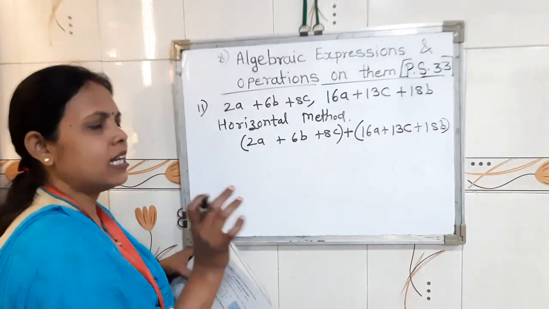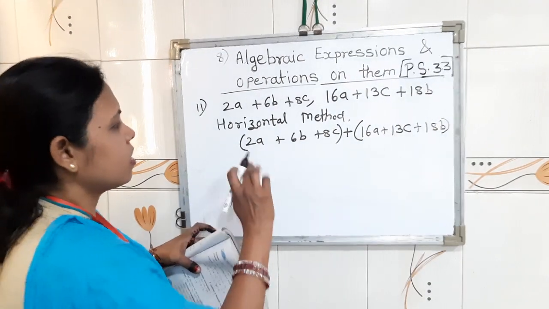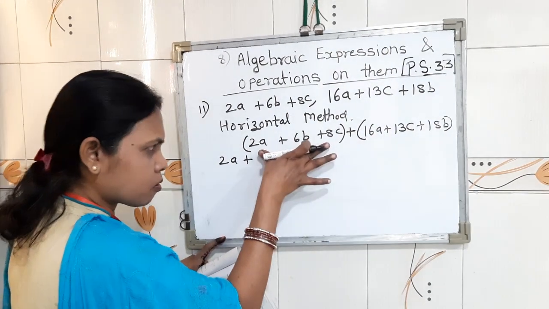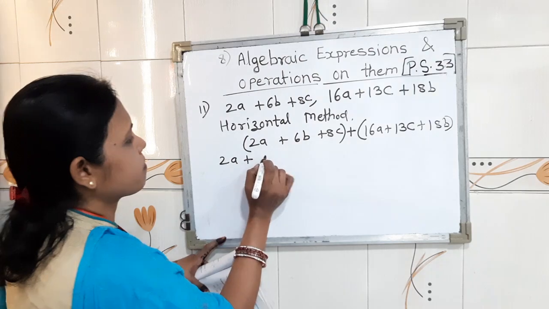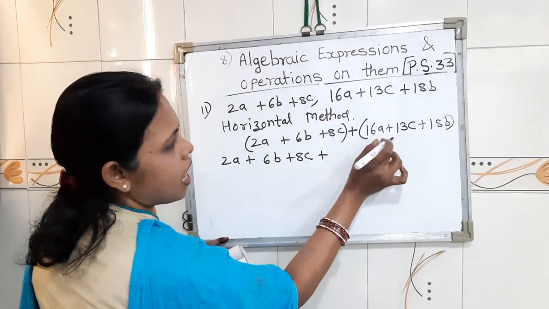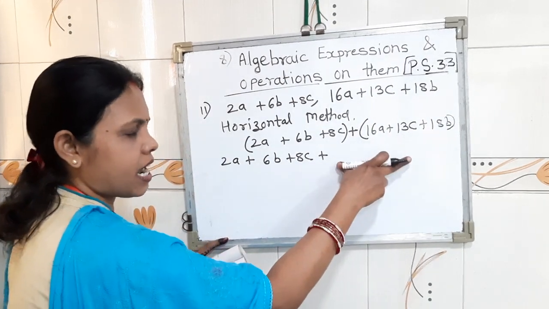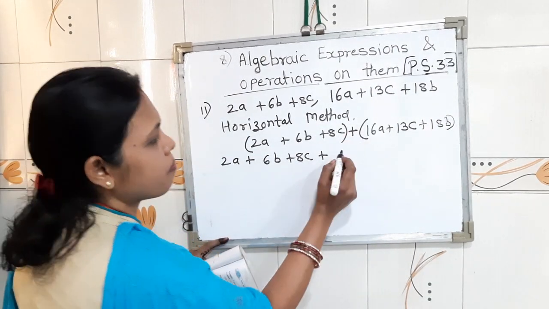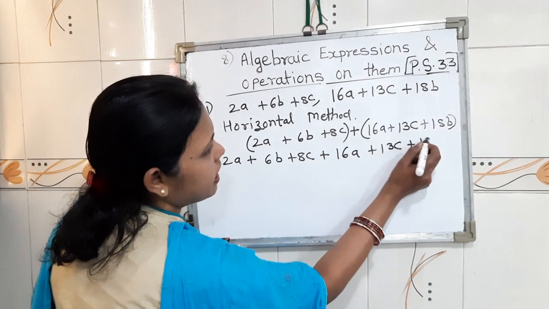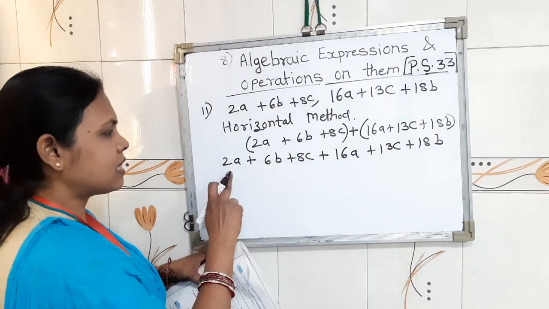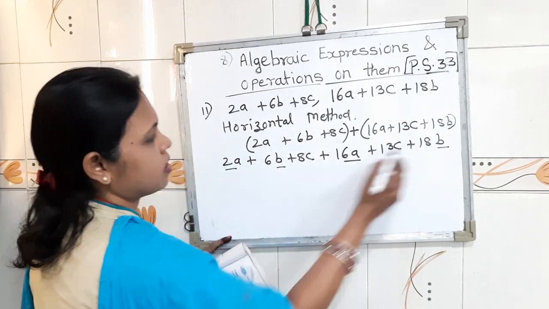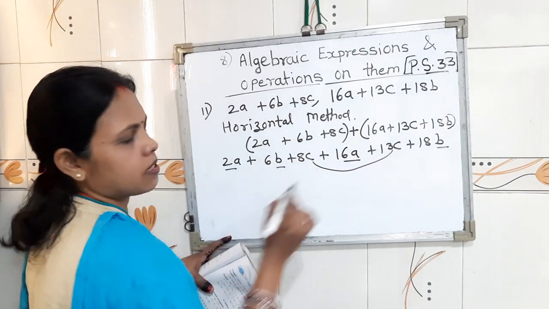Now we will add like terms with like terms. So 2a plus, this full bracket we will write as it is, 6b, 8c. Again this plus sign, and the second bracket also we will write as it is, but removing the bracket: 16a, 13c, 18b.